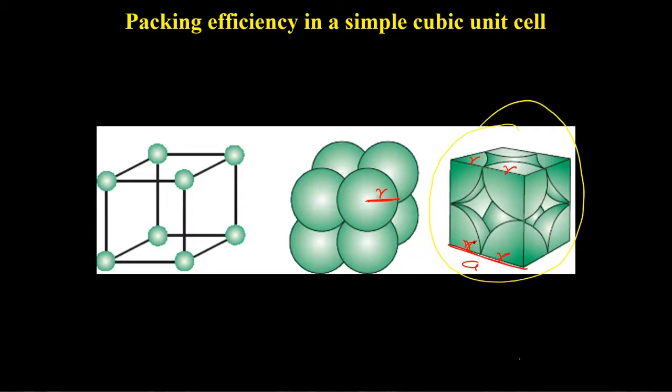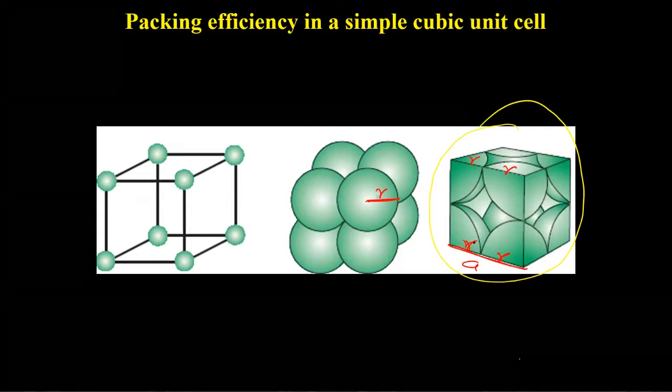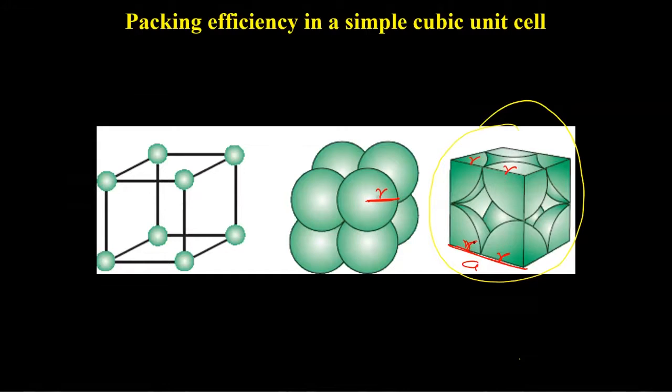And we know the volume of the sphere is 4/3 pi r cube. Total contribution of all the atoms in this simple cubic cell is 8 into 1/8 from corners, that is one atom.